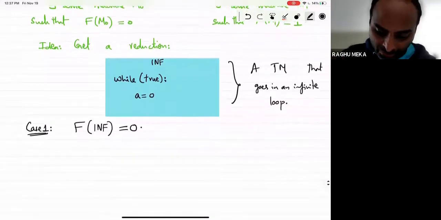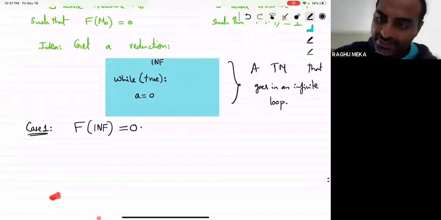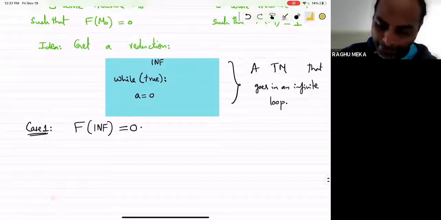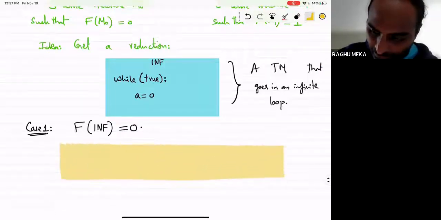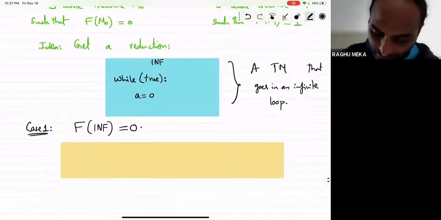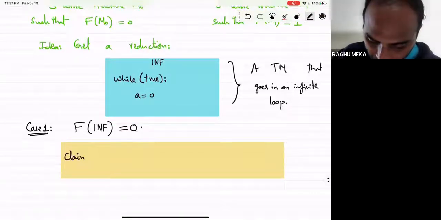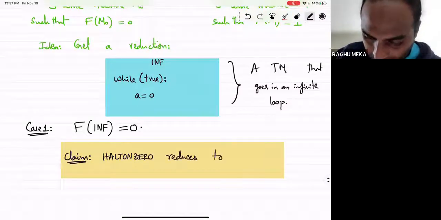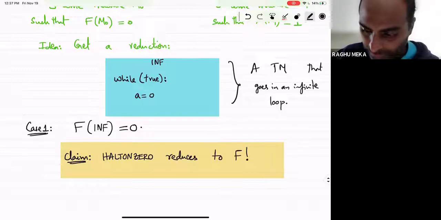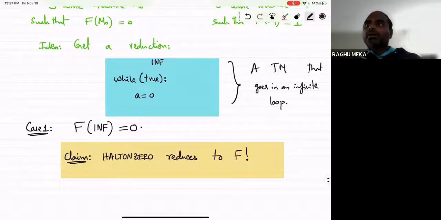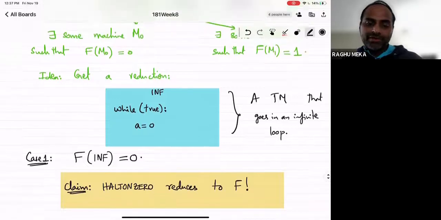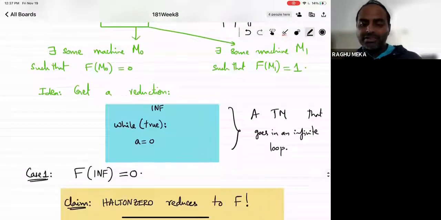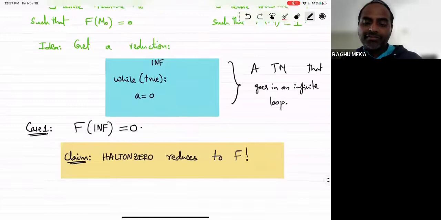So now we are going to say that in this case, under these assumptions, right, F is a non-trivial semantic property, and F of inf equals 0.